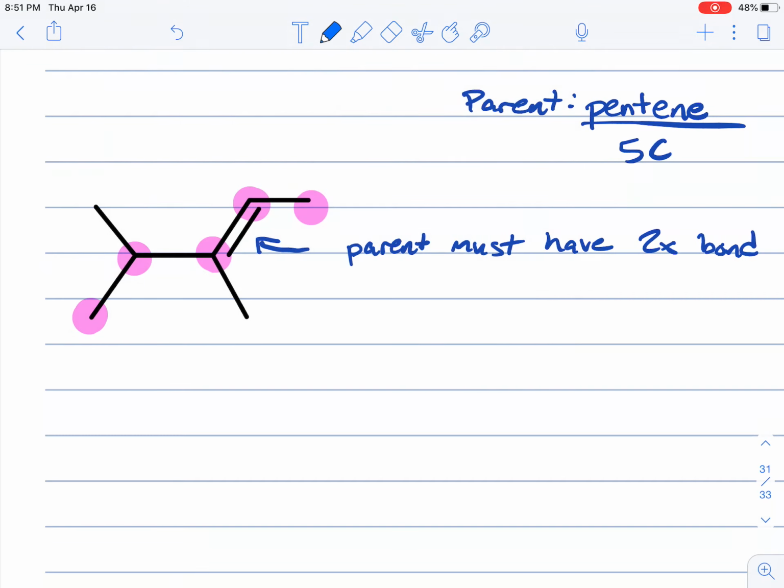If I go left to right, 1, 2, 3, 4, 5. Notice that if I go left to right, carbon 3 is the first carbon in which the double bond starts.